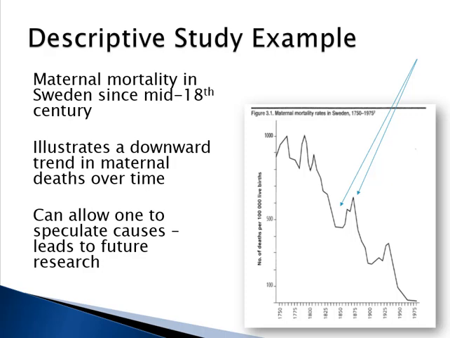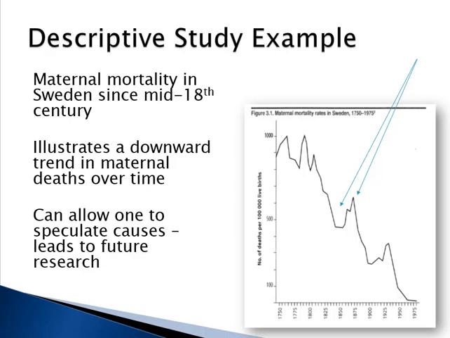Here's an example of a descriptive study presented in your textbook. This is the maternal mortality observed in Sweden since the mid-18th century. What it illustrates is a downward trend in maternal deaths over time. Now, what this allows one to do is to speculate potential causes.